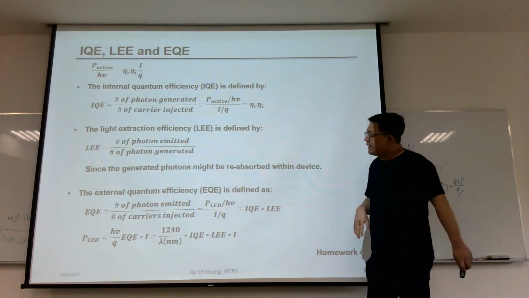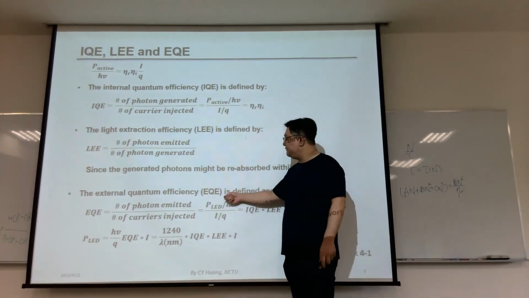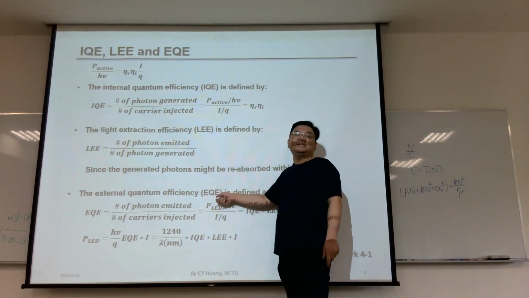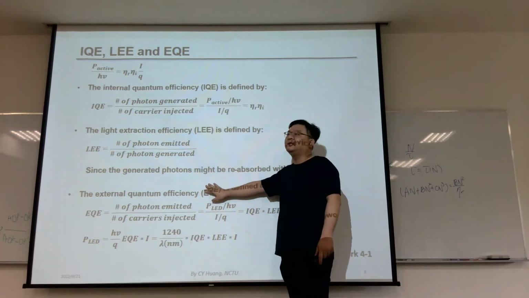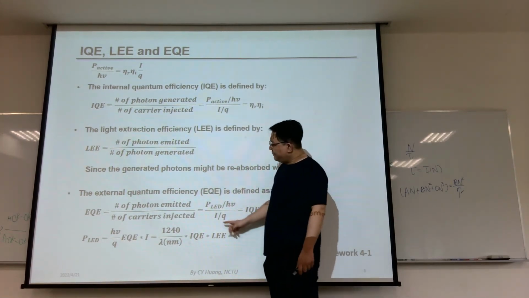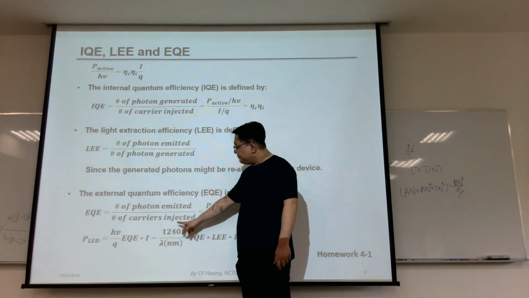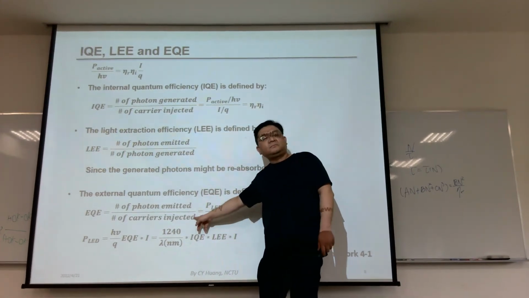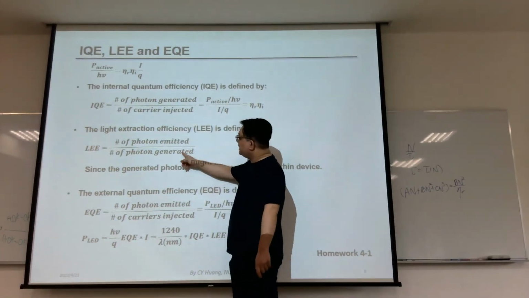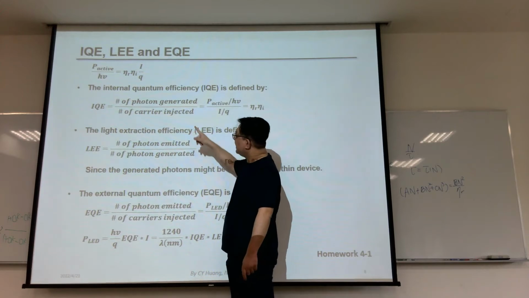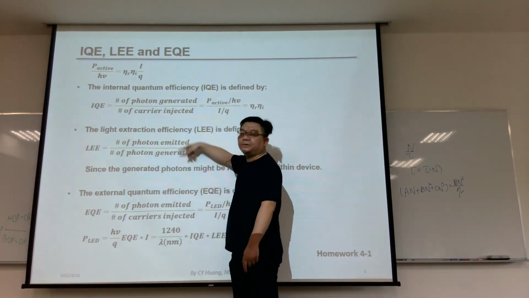Then we can tie this together, called external quantum efficiency. This is the efficiency defined by the user, not by the device. So that will be the photons really emitted from the device divided by the carriers injected from the outside. So you can divide it by this term and times this term again. These two will cancel each other.